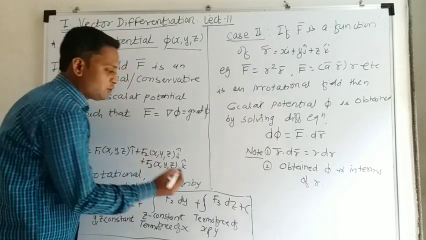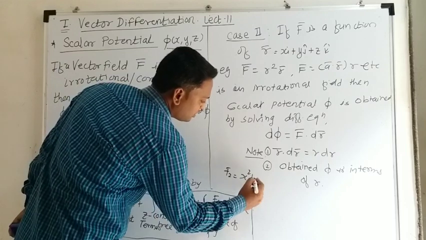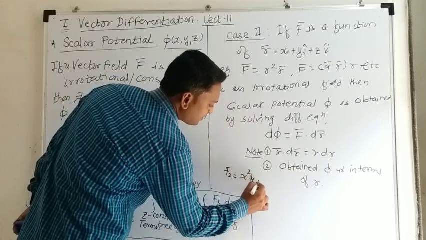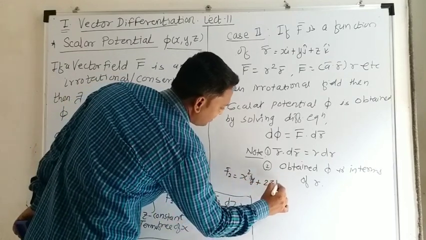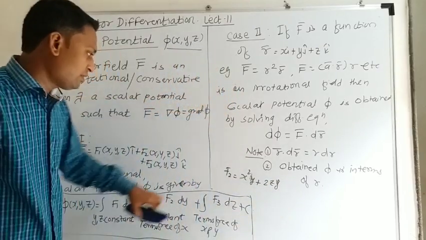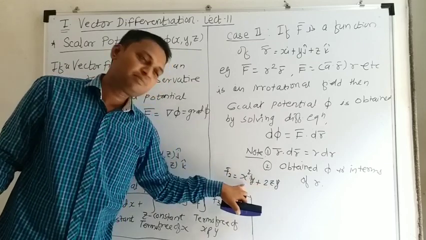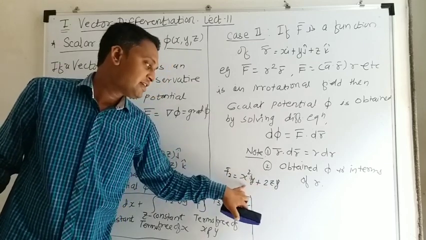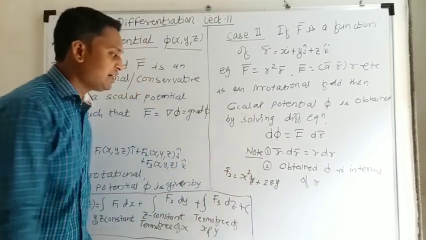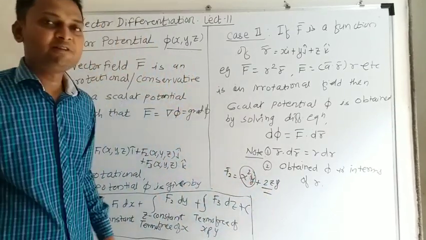For example, suppose your f2 is x square y plus 2z y. Here we have two terms. One term is free of x, and this term contains x. So any term containing x, we remove while integrating. We integrate only the term which is free of x.